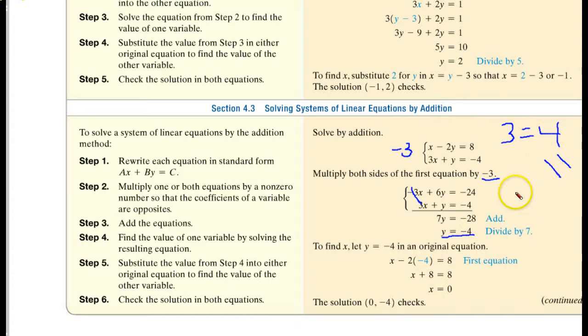Or if you end up with something like 4 equals 4, which is a true statement, this would be a condition in which they are actually the same equations, and there would be an infinite number of solutions. So these are things you're going to be looking at, and I'm assuming they're going to give us some of this as we go along here.